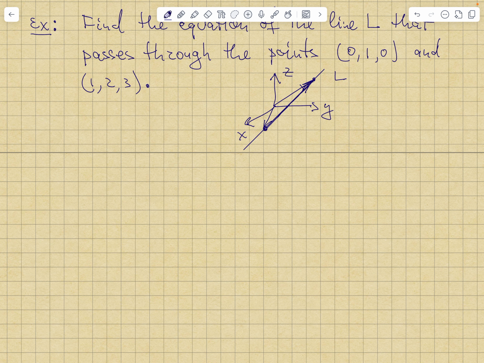And the position vector for a point is the same as the coordinates of the point except written in components.